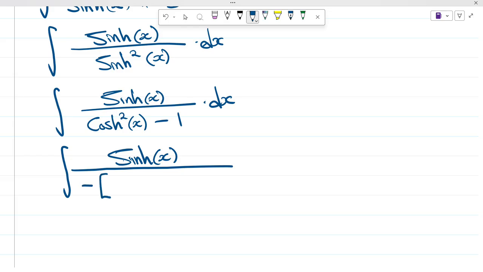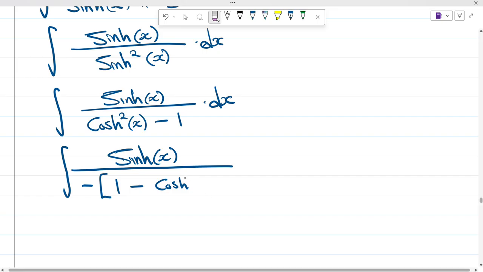So when I take out negative as a common factor, I'll have 1 minus hyperbolic cos of x, squared of course, dx.